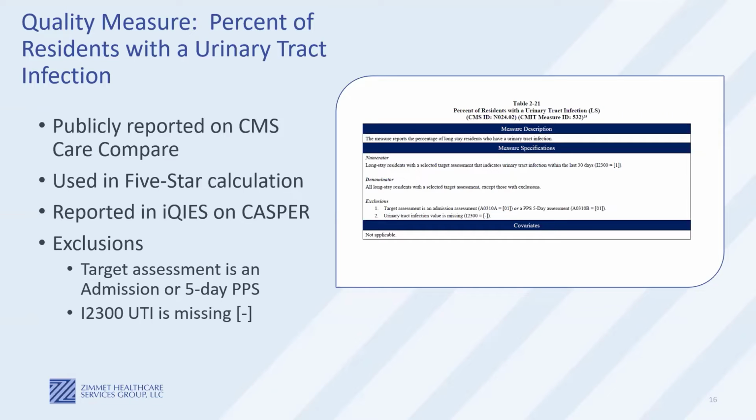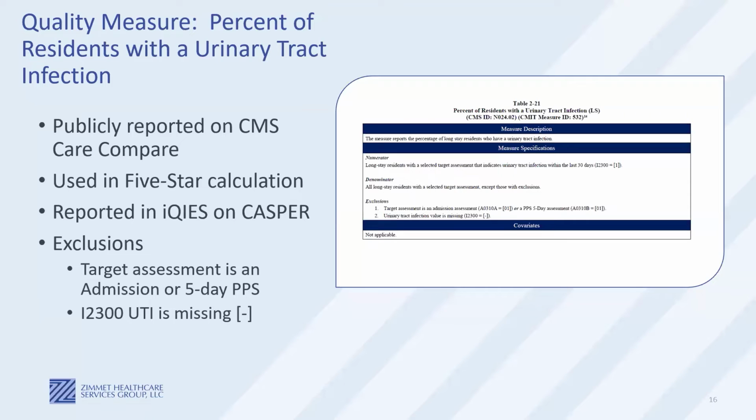There are some exclusions on this measure, but they're very few. So one is that the target assessment is admission or a 5-day PPS, which would exclude you from triggering this measure. Again, also with the evidence-based criteria, so they're giving you a break a little bit if your resident is coming as a new admission or if it's a 5-day PPS assessment because they've been in the hospital.